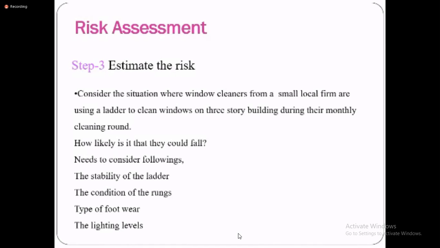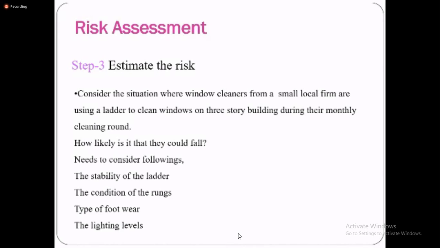And the type of footwear: what sort of footwear do we have, like leather shoes with a slippery leather sole, or perfect safety shoes with a nice anti-slippery sole? Then it would be great, right? And also light levels, whether there is poor lighting and so on. If it is poor lighting, the likelihood of falling from that height is high, right?